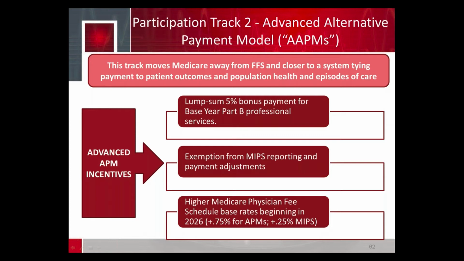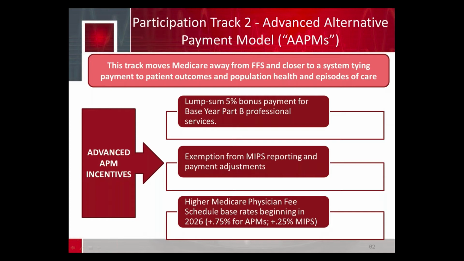If you participate in an advanced APM program, which I'll talk about in a moment, you are eligible for a lump sum 5% bonus payment for your base year Part B services. You're exempt from the reporting under MIPS, but this is kind of a false sales strategy because there is reporting through your advanced APM.